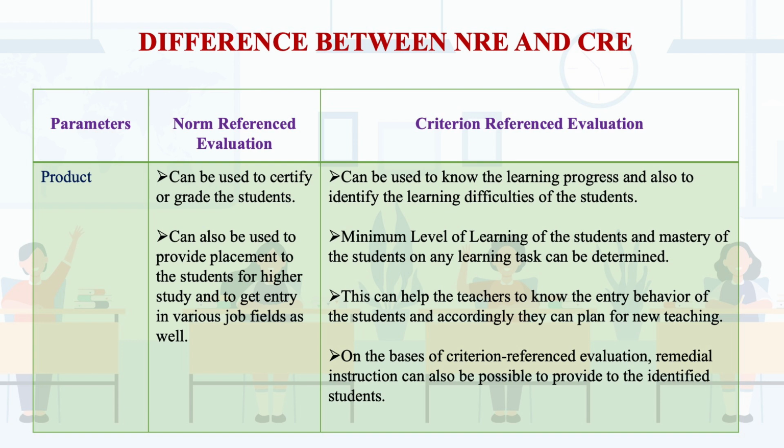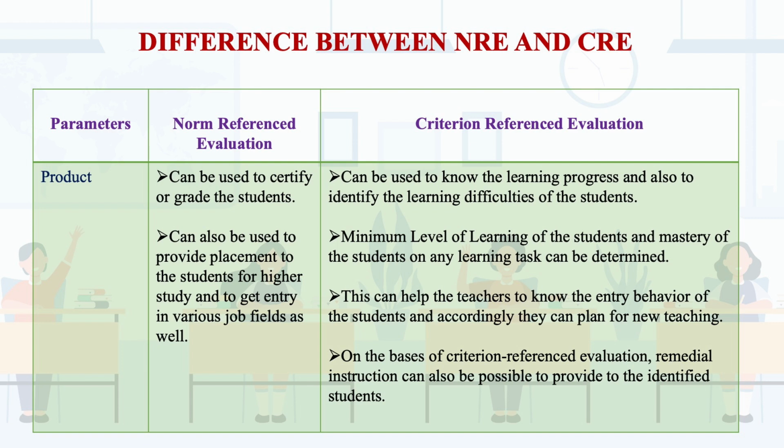The difficulties, the causes and the factors of the difficulties should be identified, and accordingly proper remediation or remedial measures should be provided. And further, minimum level of learning of the students and mastery of the students on any learning task can be determined by using criterion reference evaluation.